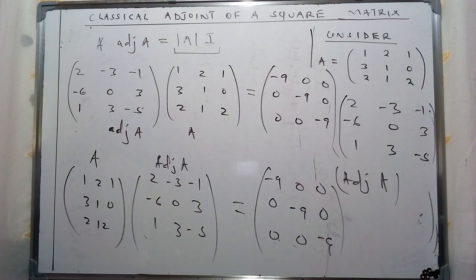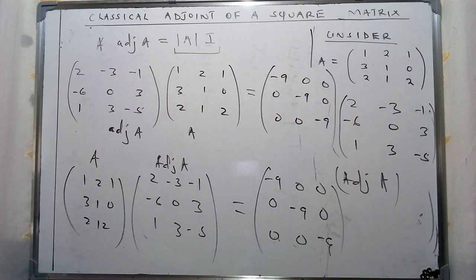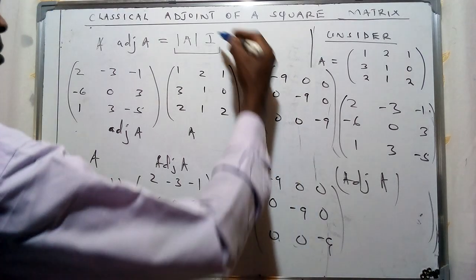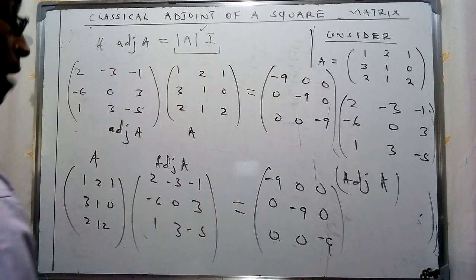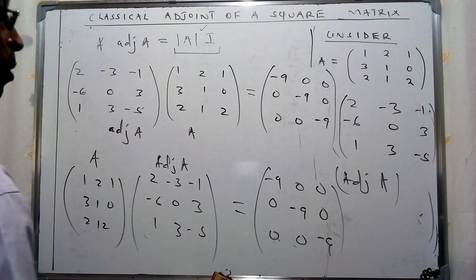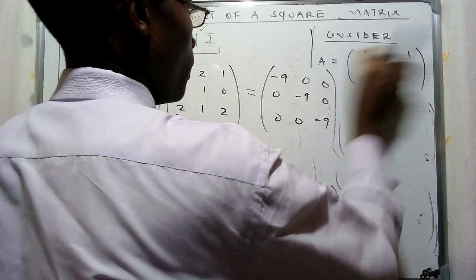If you look at this, we had talked about the multiplication of matrices by a scalar quantity. We can represent this as the identity times a specific value, which forms what we refer to as the determinant.